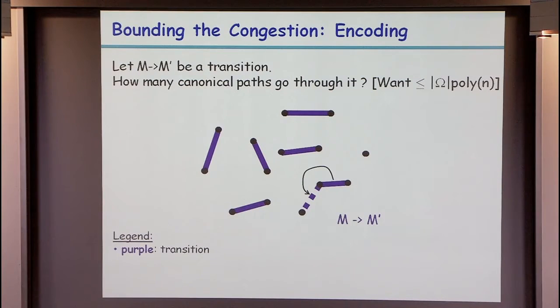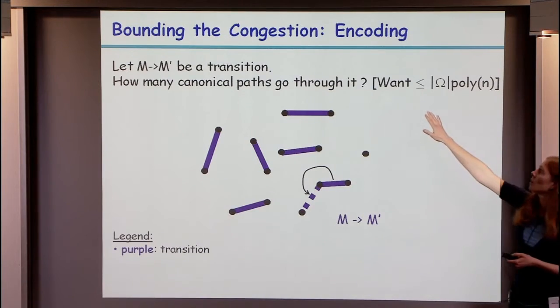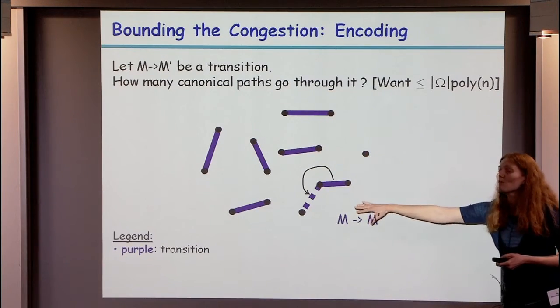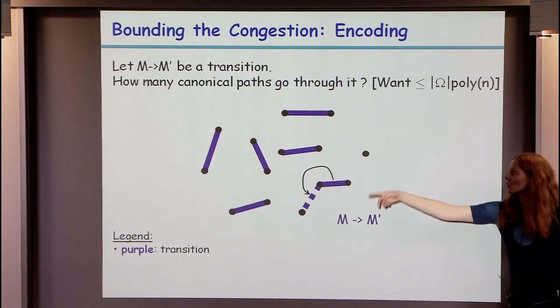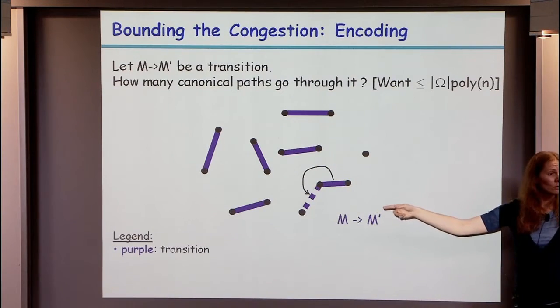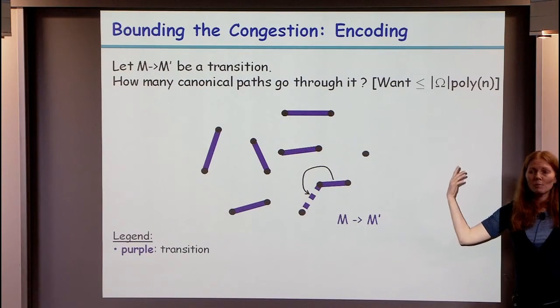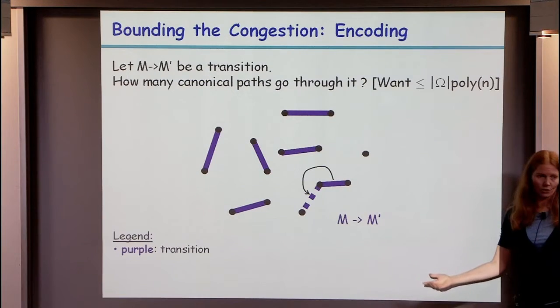Here's my transition, okay? It coincidentally happens to be a transition that we've seen in my little demo. And just to reinforce it, what we want to show is that the number of pairs of red and blue matchings that go through my beautiful, wonderful purple transition is going to be bounded by the total number of matchings.